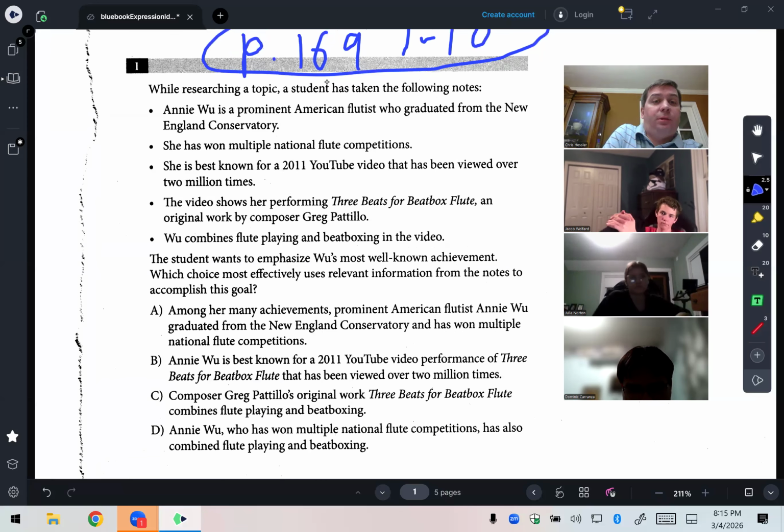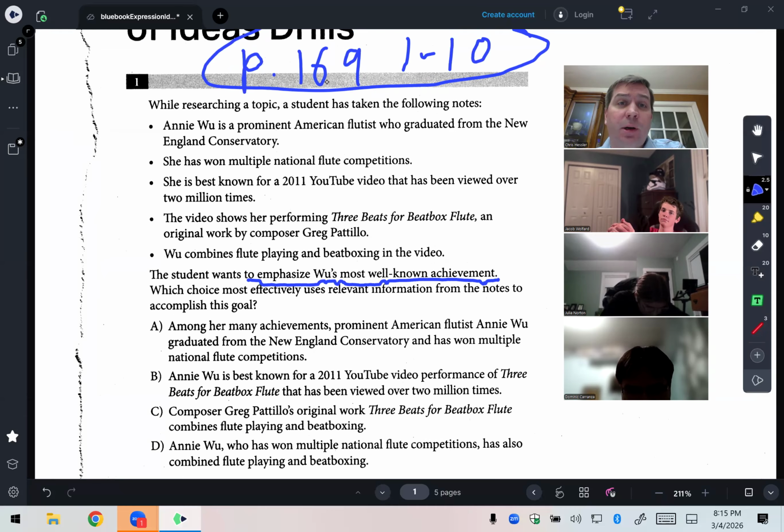Always read the prompt. The student wants to emphasize Wu's most well-known achievement. So that's all I'm looking for. I'm going to read the bullets. Annie Wu is a prominent American flutist who graduated from New England Conservatory. She has won multiple national flute competitions. She is best known for a 2011 YouTube video that has been viewed over 2 million times.